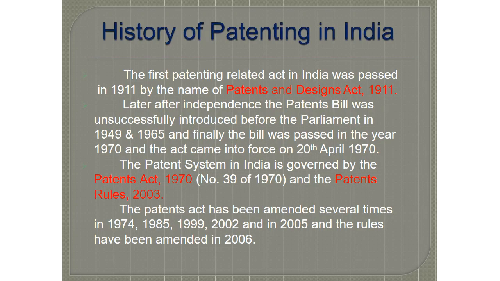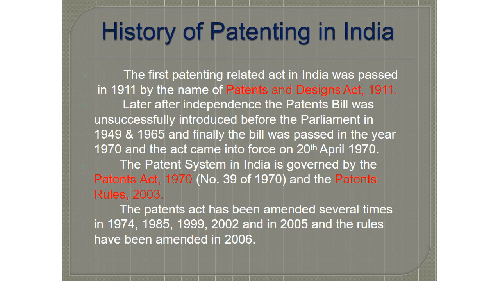And the history of patenting in India. So in India, the first Act related to patenting was passed in 1911. The name of the Act was the Patents and Designs Act 1911. Later, after independence, the patent bills were unsuccessful, introduced in parliament in 1949 and 1965. After that, in the year 1970, the Act came into force on 20th April 1970.